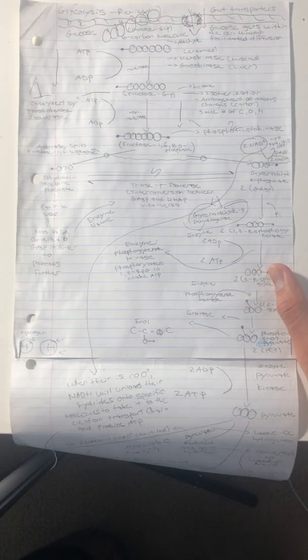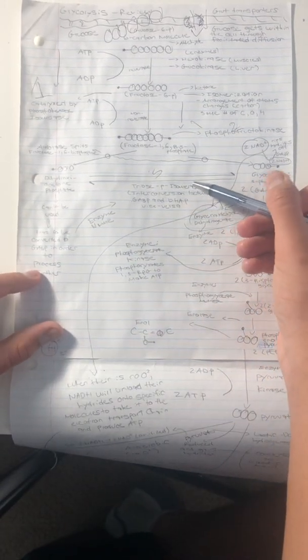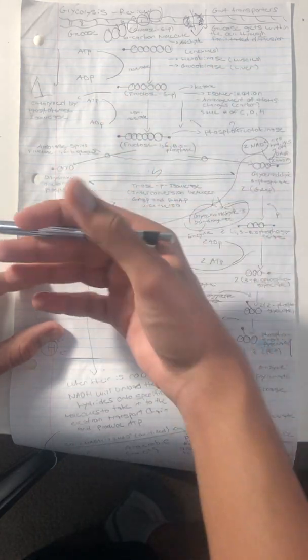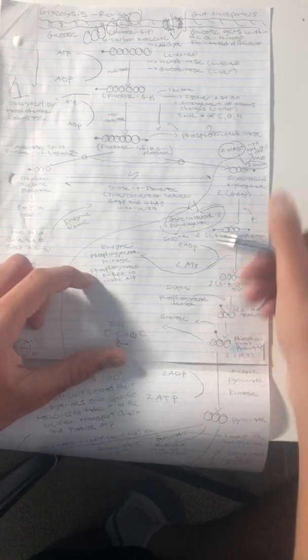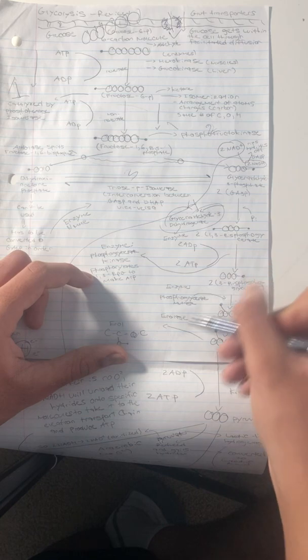What enzyme allows that? The enzyme called triose phosphate isomerase allows this process. So DHAP interconnects and interchanges with GA3P, causing each reaction to have two of everything.